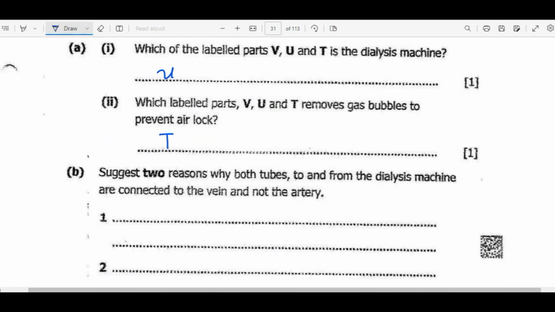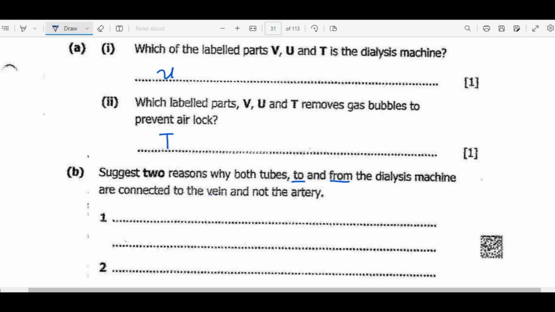Question B. Suggest 2 reasons why both tubes to and from the dialysis machine are connected to the vein and not the artery. Now if you look at the nature of these blood vessels, we have 3 types: veins, capillaries, and arteries. Let's not focus on capillaries. Let's just look at the vein.